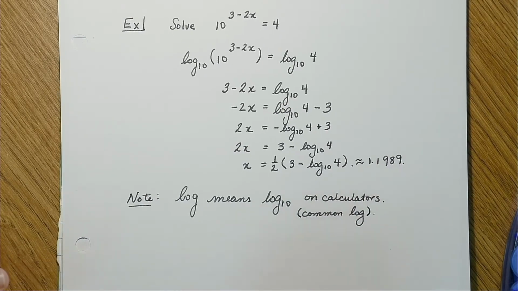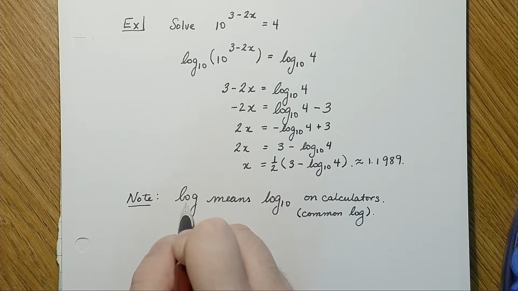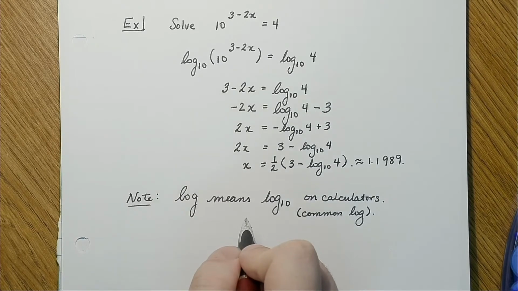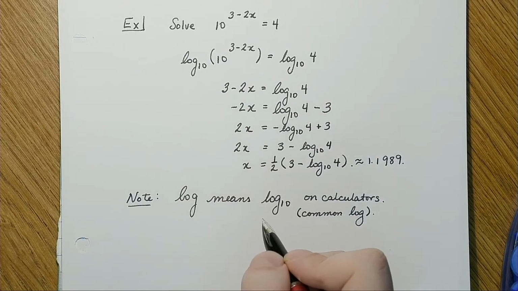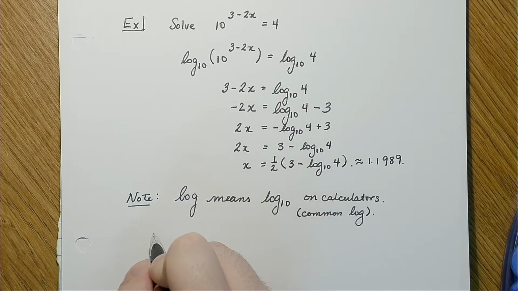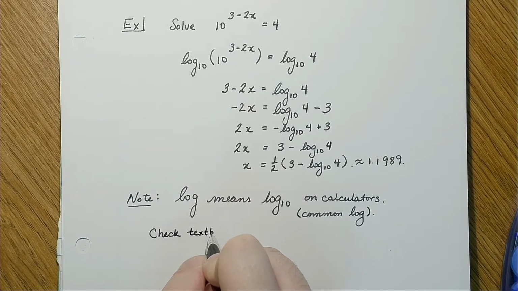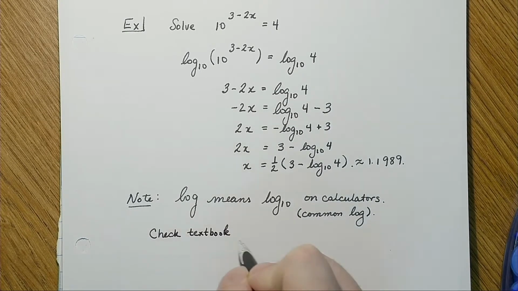But be very careful, because sometimes in economics or in other textbooks, read to make sure that when they write log that they mean 10, because sometimes they might write it using a different number. So you should check your textbooks, not our textbook in particular, but if you get into higher-up economics textbooks, check what they mean.